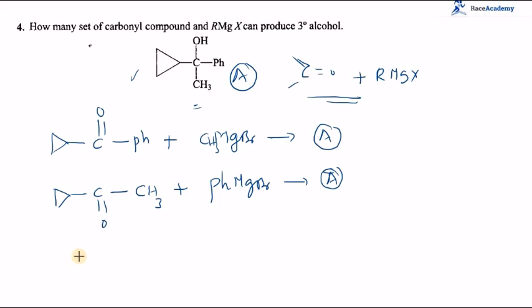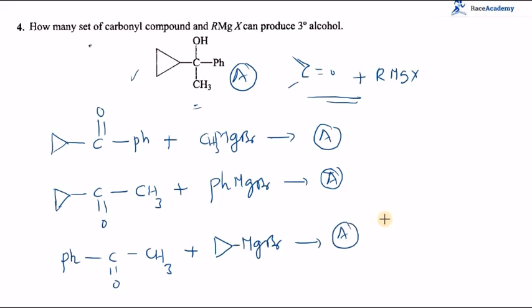Similarly, without this cyclopropyl ring in the carbonyl carbon, if I take Ph C double bond O CH3, then here I am lacking one ring structure. So with cyclopropyl magnesium bromide, if I treat this compound, I will get compound A.